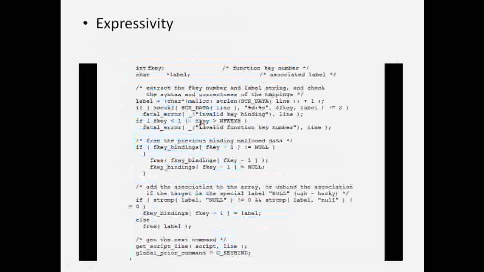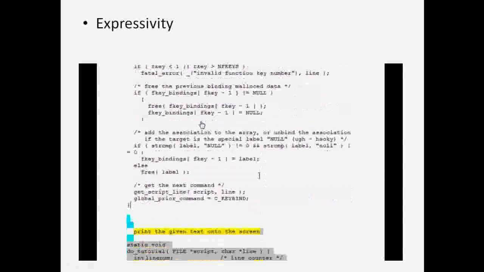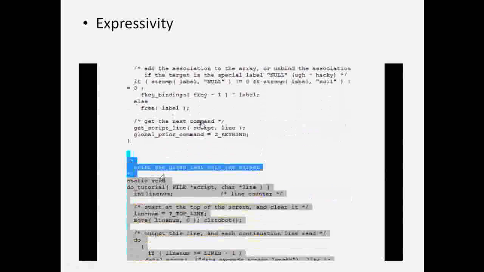When talking about expressivity, the code does not contain a lot of lines of code. Since the software compares the letters that the user types, it does not need many lines of code, and C has supported it well. For example, consider the task of printing the given text on the screen.